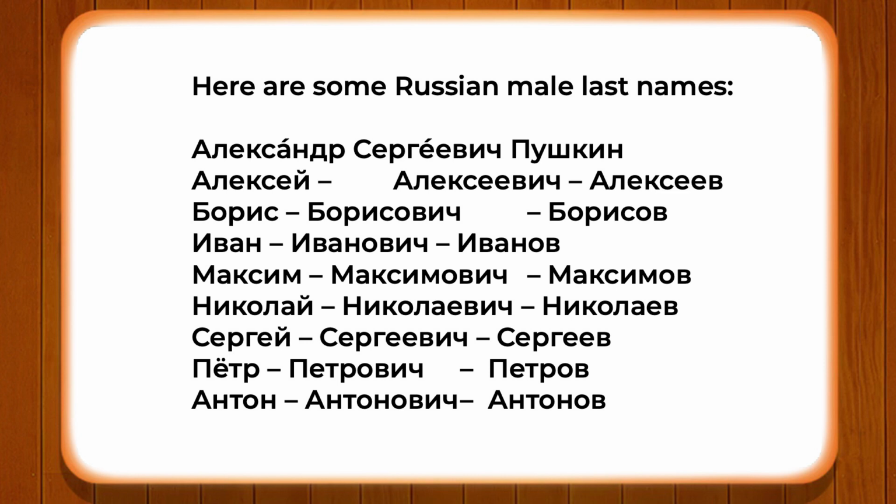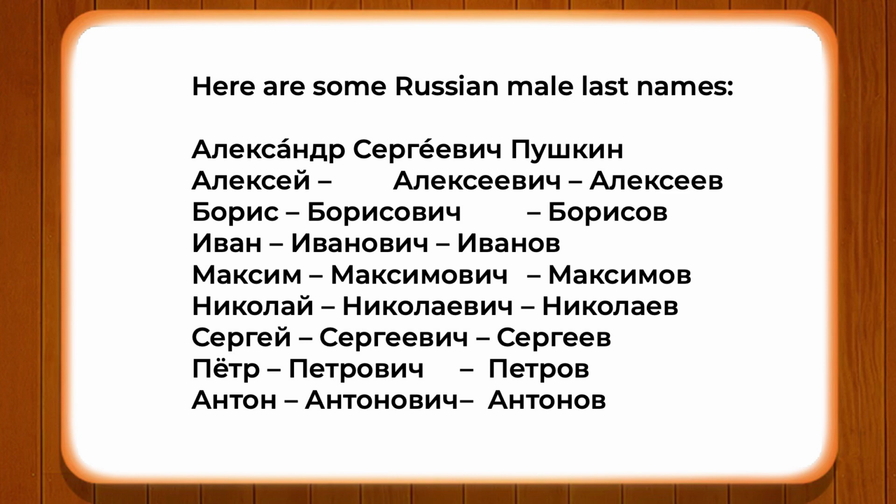For Maxim, it would be Maxim Maximovich Maximov. Maybe the father is also called Maxim, the son is also called Maxim, and the family name is also from the word Maxim when it becomes Maximov. Nikolai Nikolaevich Nikolaev.